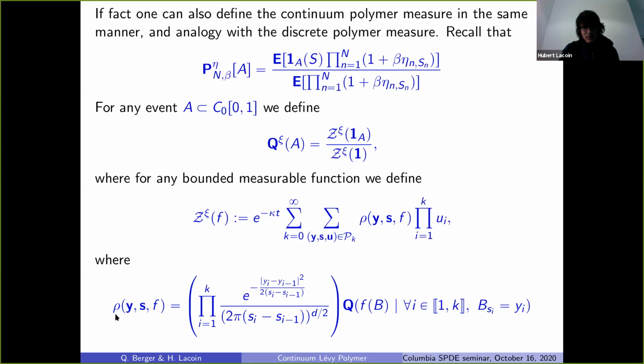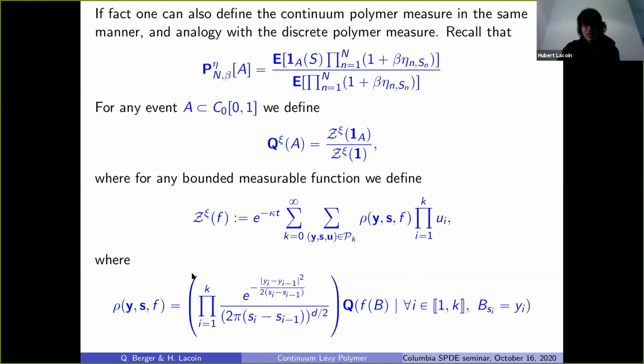So I still look at the probability of going through all these k points. And then I have to average f along all Brownian trajectories that go through these points. So I will just multiply by the expectation of f of a Brownian motion that is conditioned to go through these points at these times, or to go along the graph of a Brownian motion that goes through these space-time points. Okay, is the definition okay?